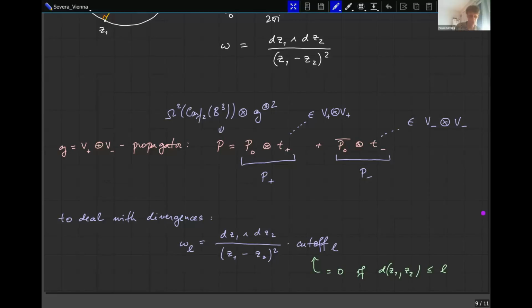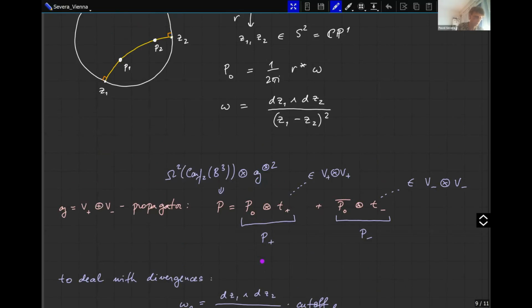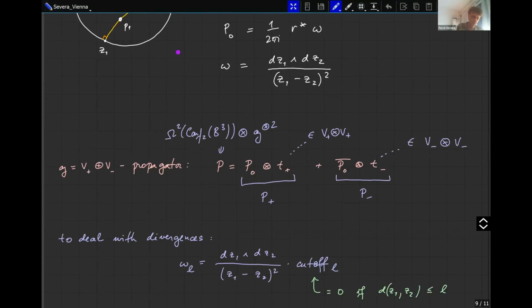To deal with that, one needs to introduce a cutoff. So what is this cutoff? Whenever those two points, Z1 and Z2, are too close, then we declare that the thing is equal to 0.